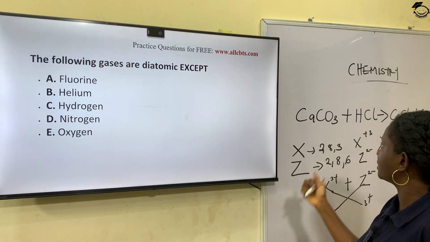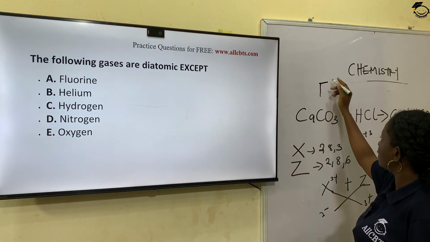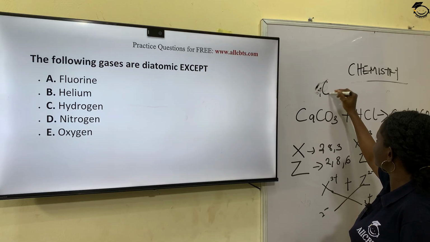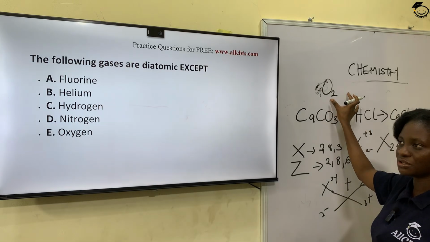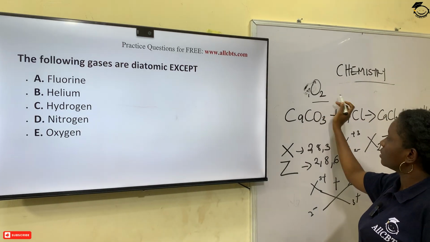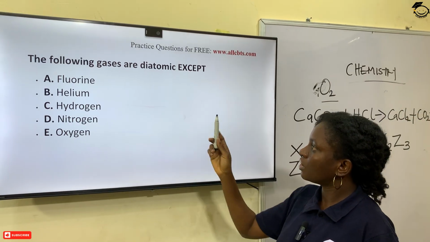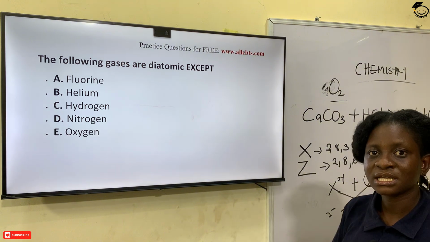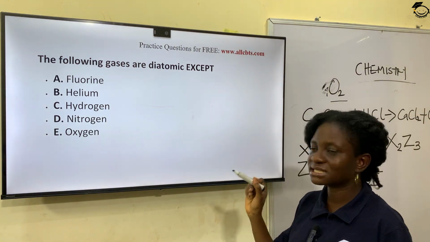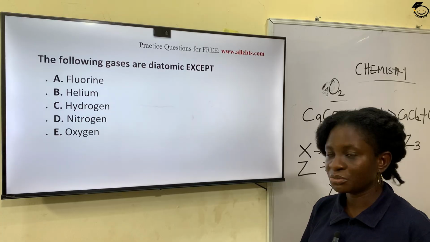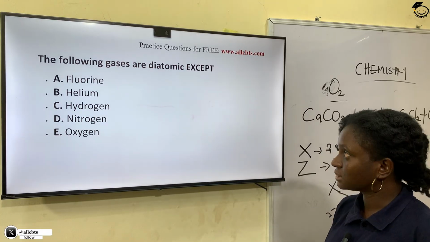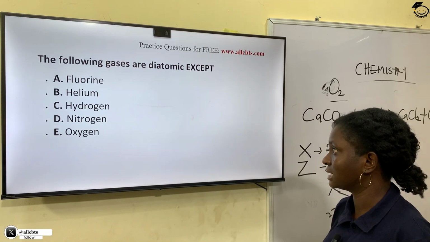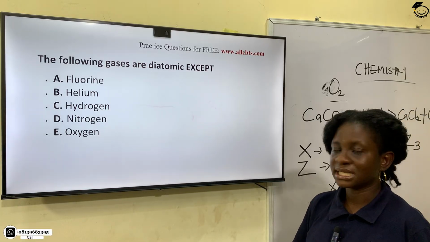Oxygen is written as O2, that's the meaning of diatomic. So fluorine, hydrogen, nitrogen, and oxygen are diatomic, except helium. Helium is a noble gas, so it is not a diatomic gas. Option B is the correct answer.